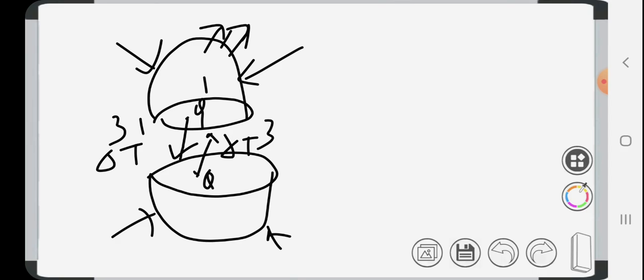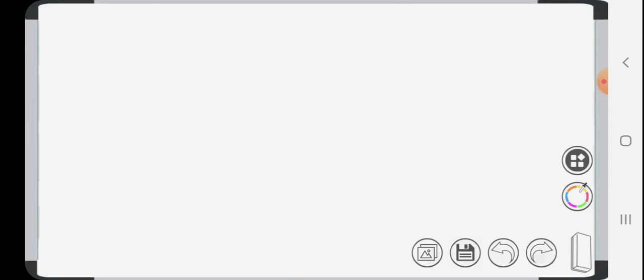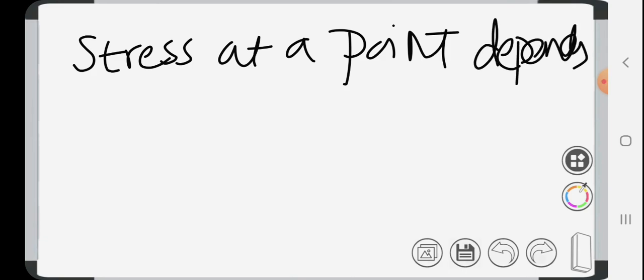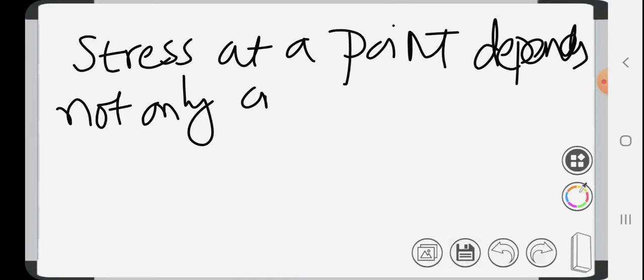You will understand that stress at a point depends on what all things, depends not only on the location of that point.